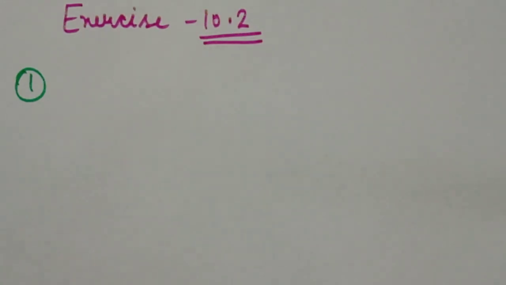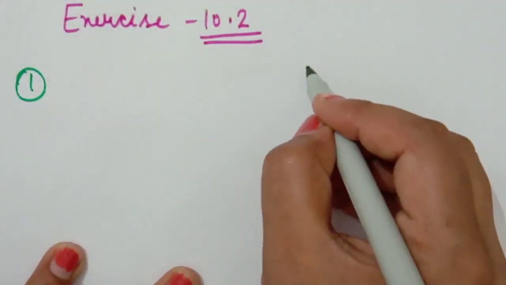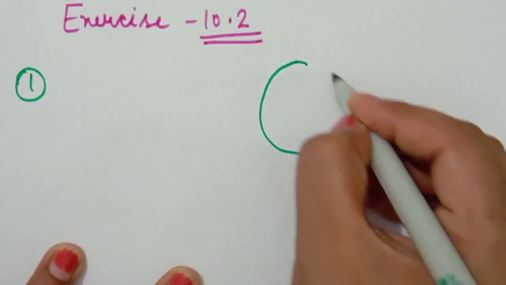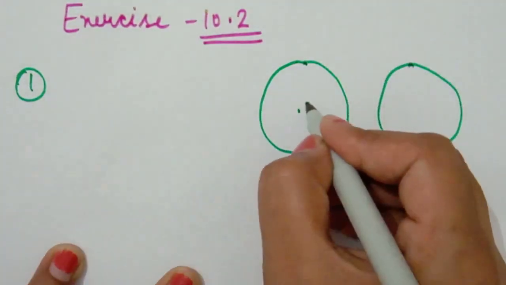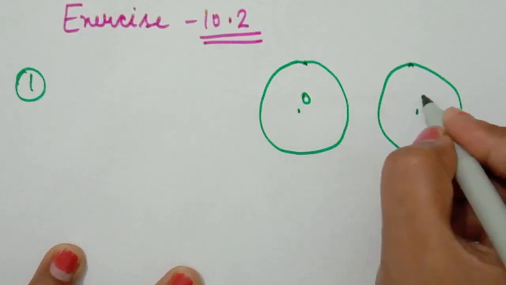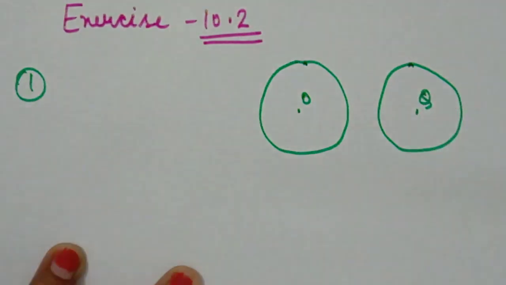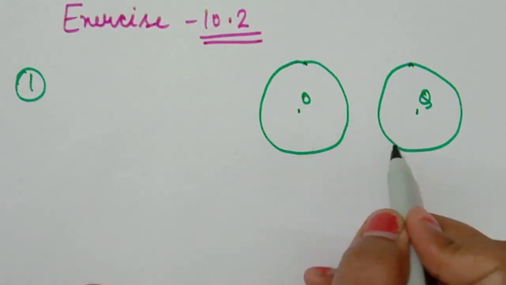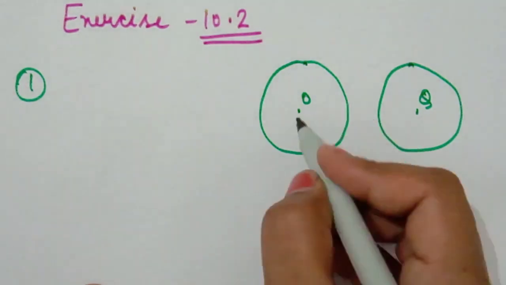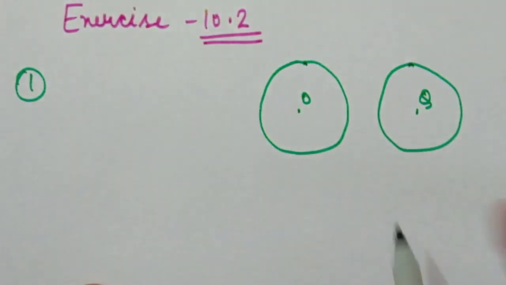Prove that equal chords of congruent circles subtend equal angles at the center. So student, first of all you have to understand this question with the help of our diagram. We have two circles, circle 1 and circle 2. This is center O, this is center Q. These two circles are congruent because their radii are equal.